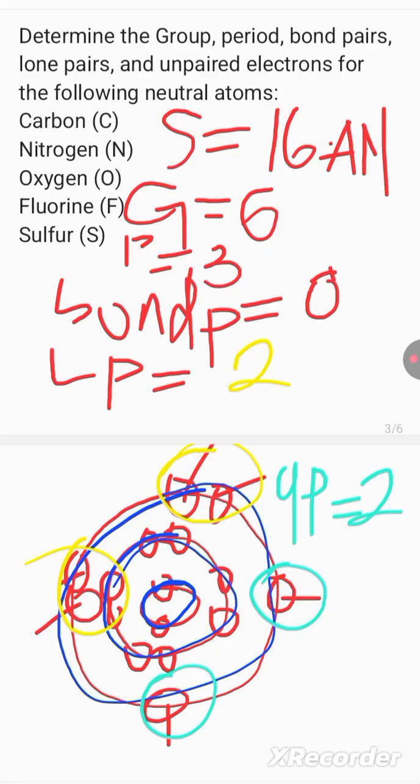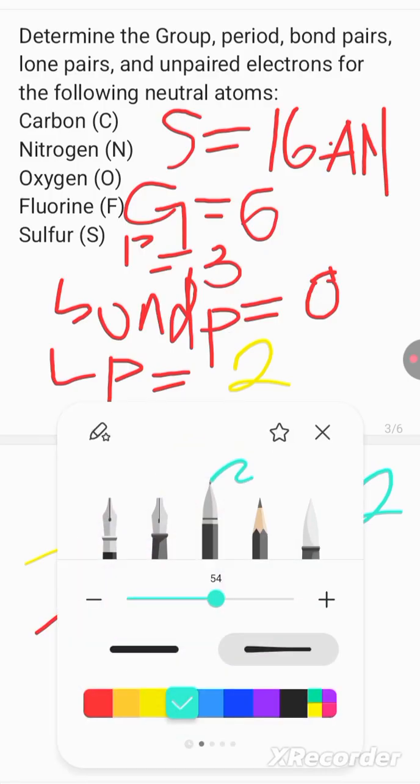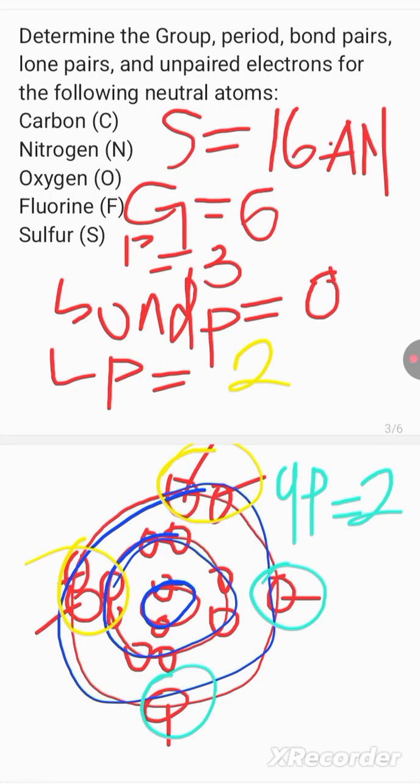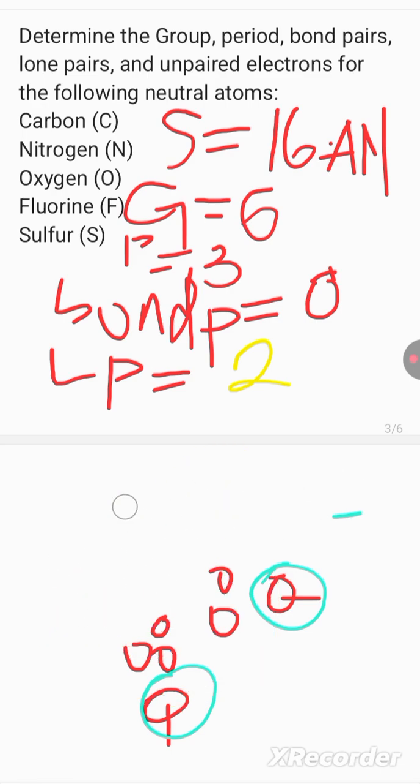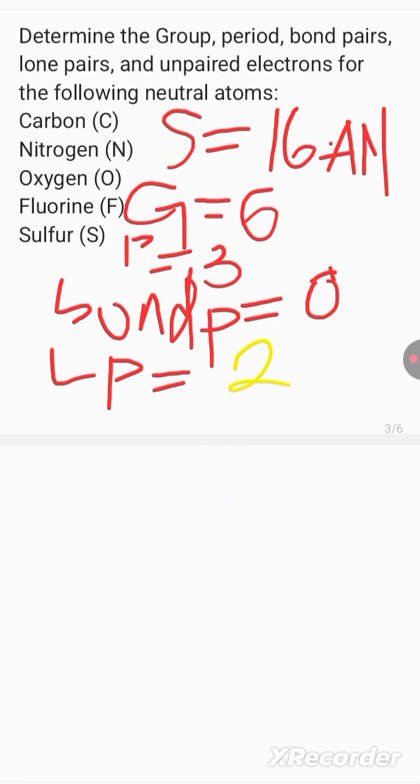So in the next class, we are going to be talking about how we can determine the lone pair and bond pair of a compound, of a molecule, when two atoms are joined together to form a molecule. Because all the ones that we did here are just neutral atoms. For example, we can have water, H2O.